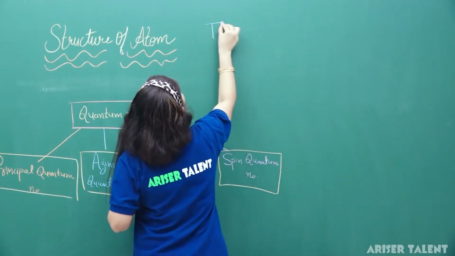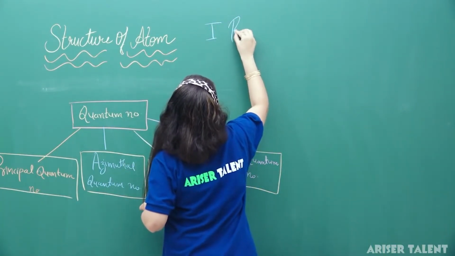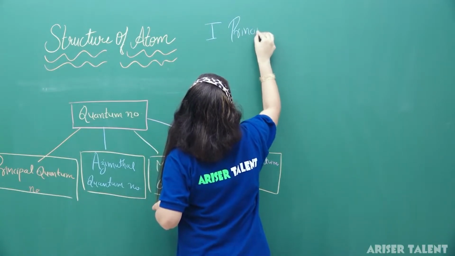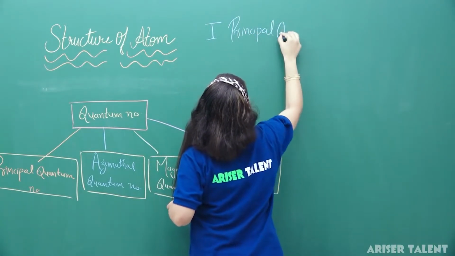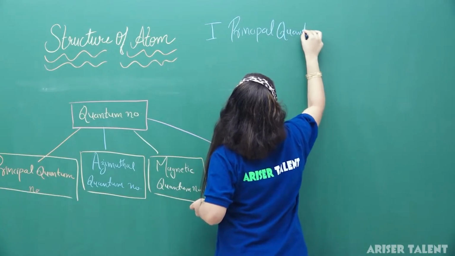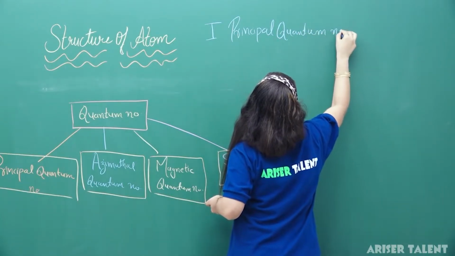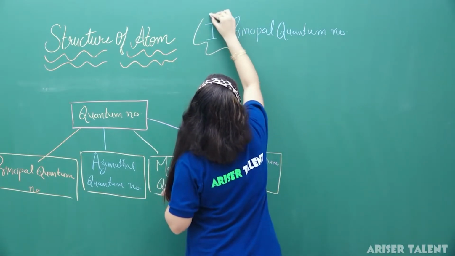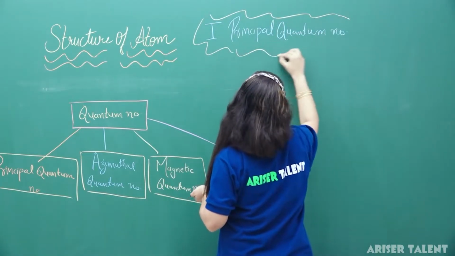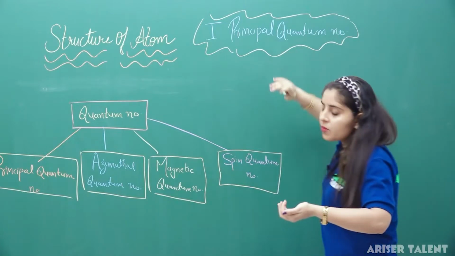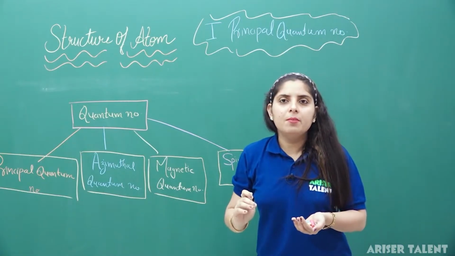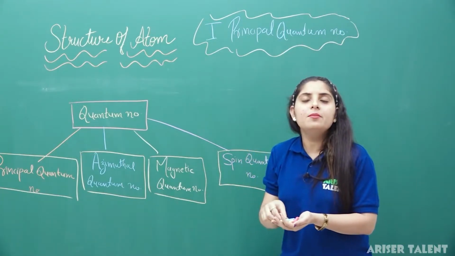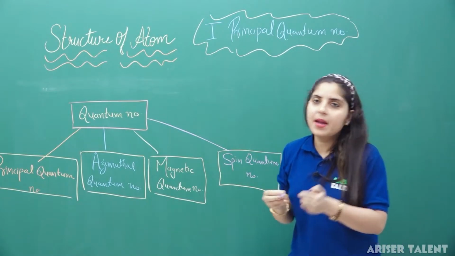So our first topic is principal quantum number. So what are principal quantum numbers? These are the quantum numbers basically discovered by Bohr.